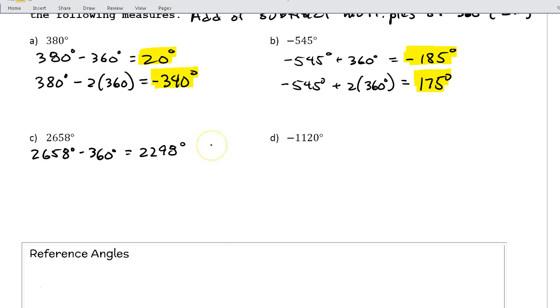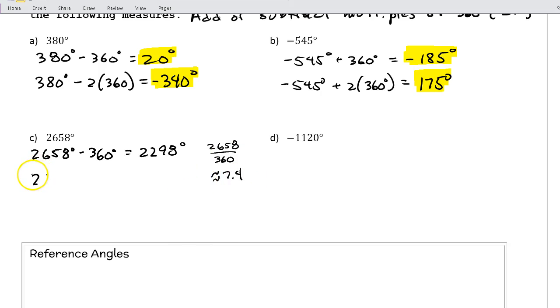So I'm going to just do some side work here. I've got 2658 divided by 360, and that's going to give me about 7.4. So 7.4-ish revolutions is about 2658. So if I'm going to subtract 360s, I'm going to have to subtract more than 7 of them to get me into the negatives.